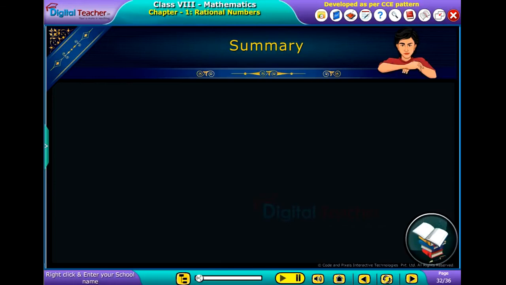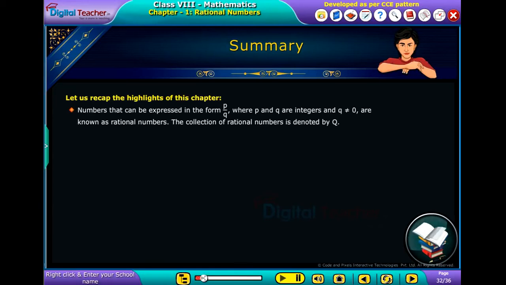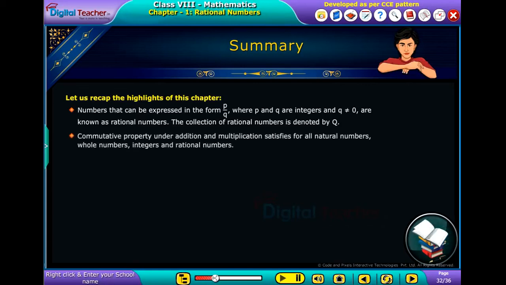Summary. Let us recap the highlights of this chapter. Numbers that can be expressed in the form p by q, where p and q are integers and q not equal to 0, are known as rational numbers. The collection of rational numbers is denoted by Q. Commutative property under addition and multiplication is satisfied for all natural numbers, whole numbers, integers, and rational numbers.